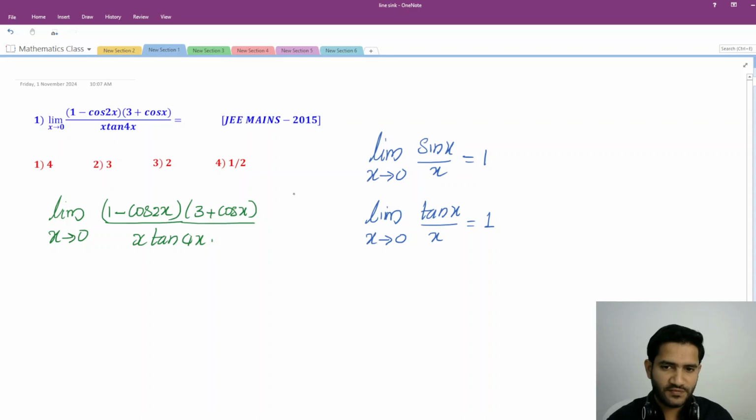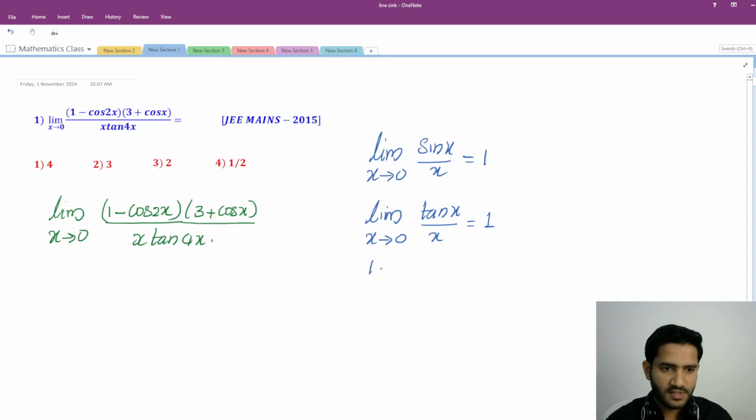There is no result for sin x here because 1 minus cos 2x is not sin, but here we can use tan x. So first of all we want to convert this 1 minus cos 2x.